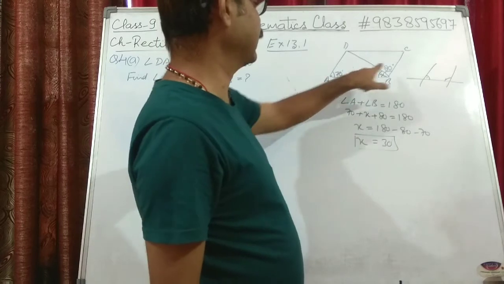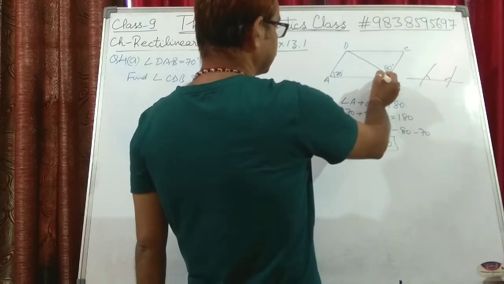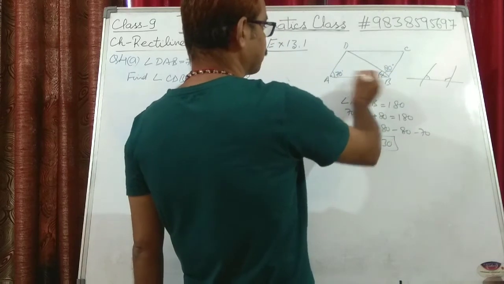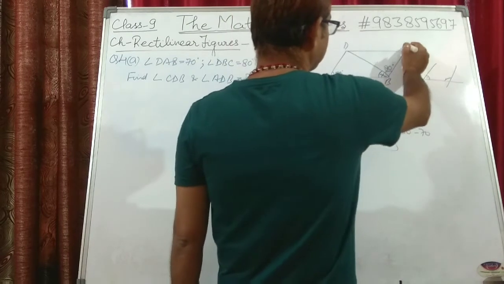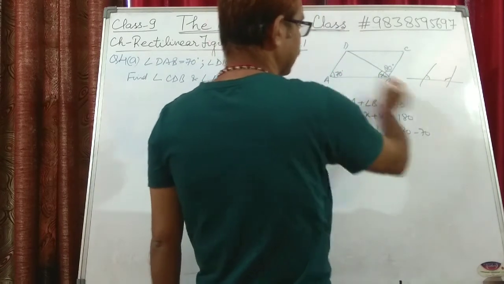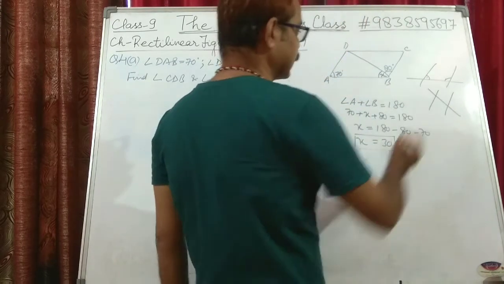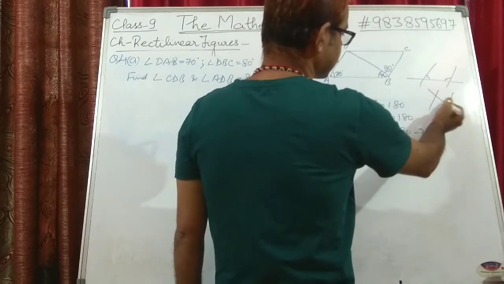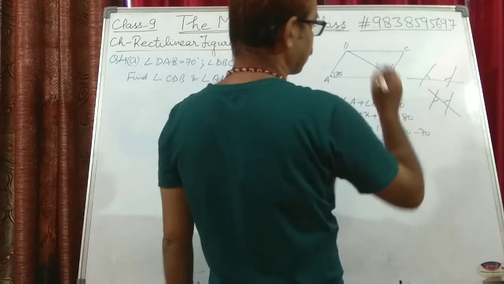30 and 70 is 100, and 100 and 80 is 180. Or you can say, if these are two parallel lines and a transversal is intersecting them, whatever is this value, the same will be this value of the angle, because they are alternate interior angles.